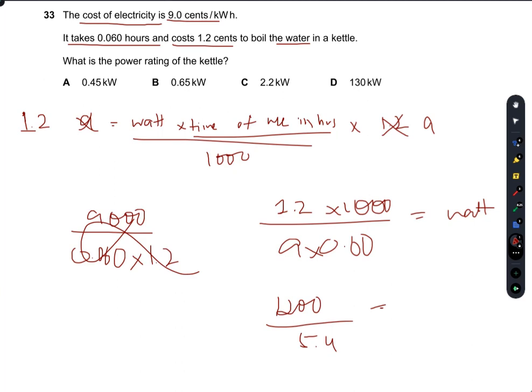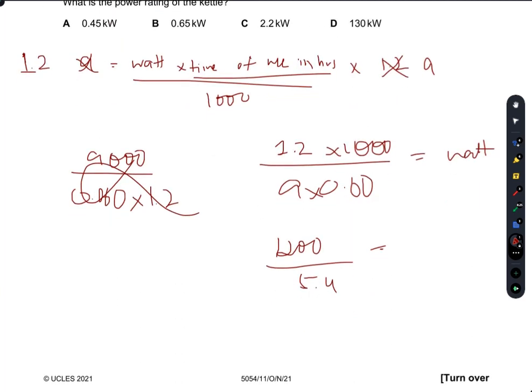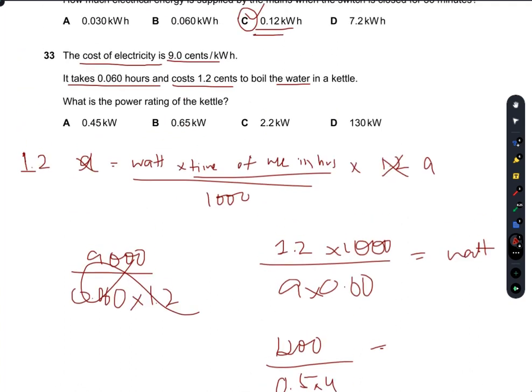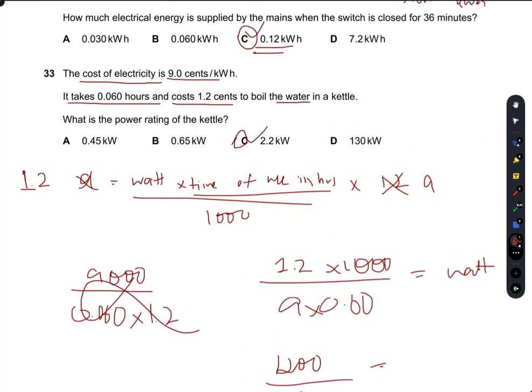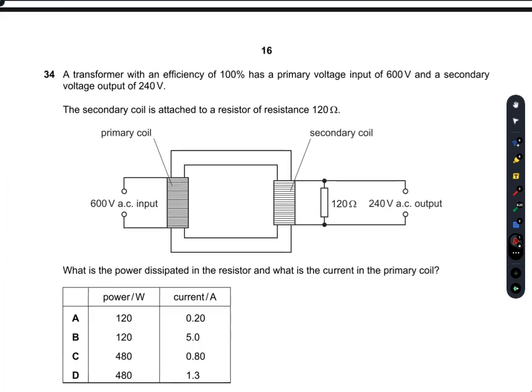So that is, sorry, 0.54, not 5.4. So the value comes is 2.22 kilowatts. So that is C, our right answer.